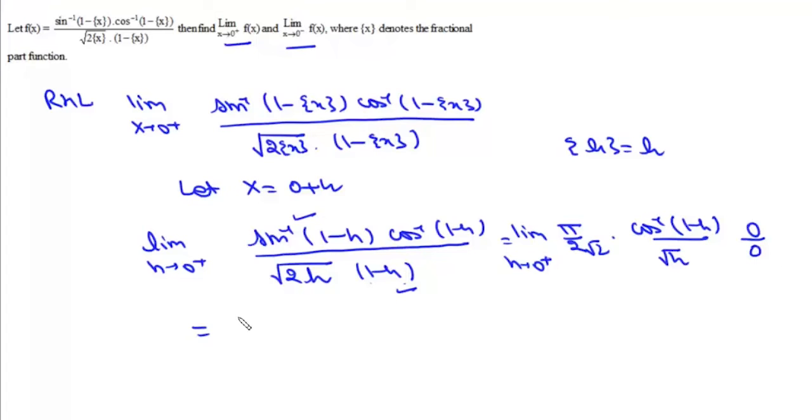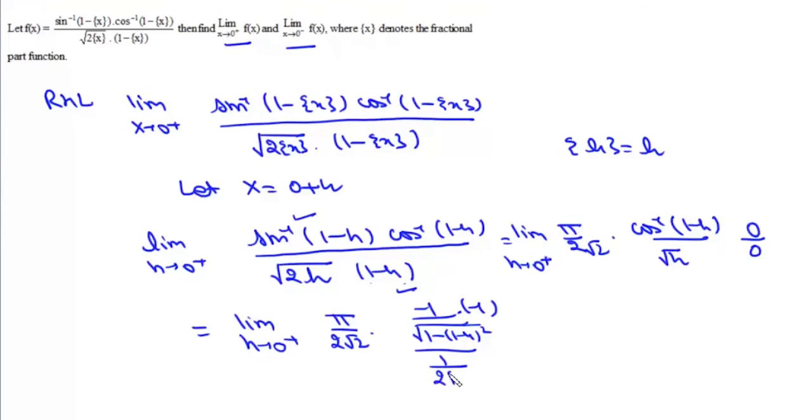We'll use L'Hopital's rule. We'll write limit h tends to 0 positive, pi upon 2 root 2. Now this is minus 1 upon under root of 1 minus h whole square, and then derivative of minus h is minus 1 divided by under root h is 1 upon 2 root h.